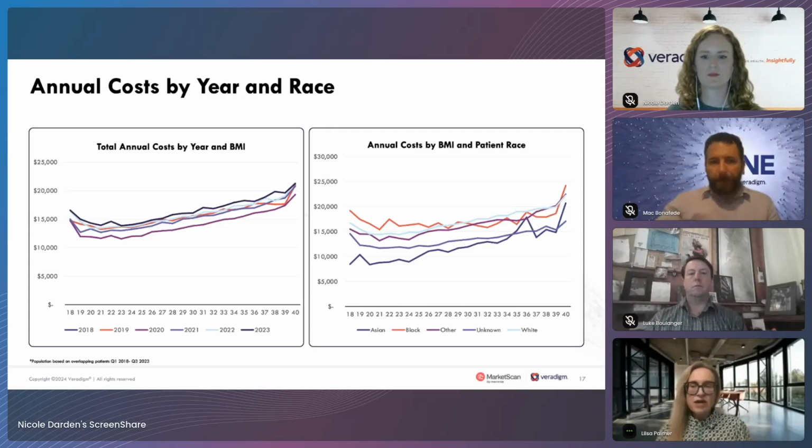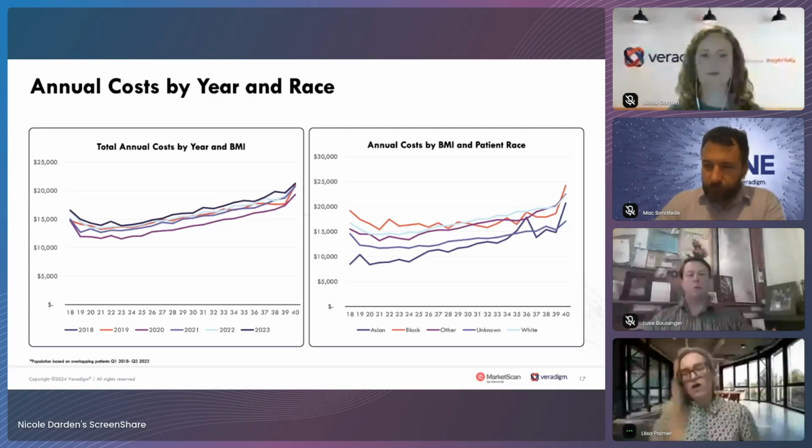As Mac mentioned, maybe not surprisingly, you see some consistency in the BMI relationship over time, but maybe unexpectedly, you see that the overall costs here are increasing as BMI increases.